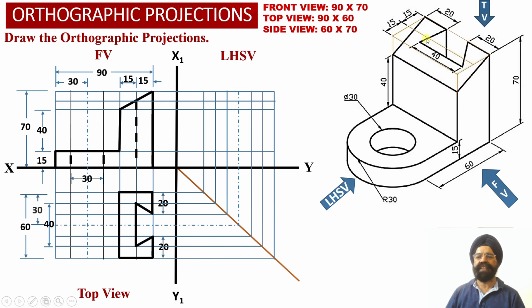And now since we know that this is an inclined surface which is available at the top surface of this vertical web, and this inclined surface is not parallel to the horizontal plane, we are not going to obtain the true shape of this inclined top surface of the vertical web into the top view projections over here.